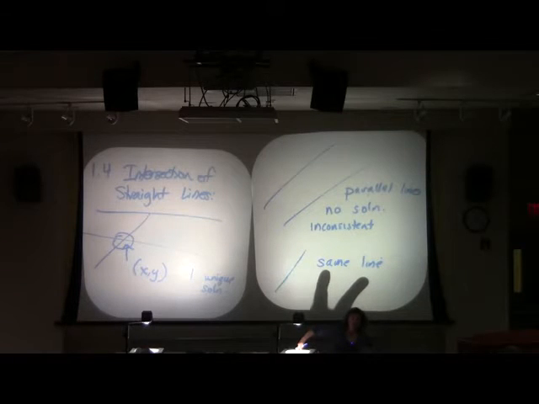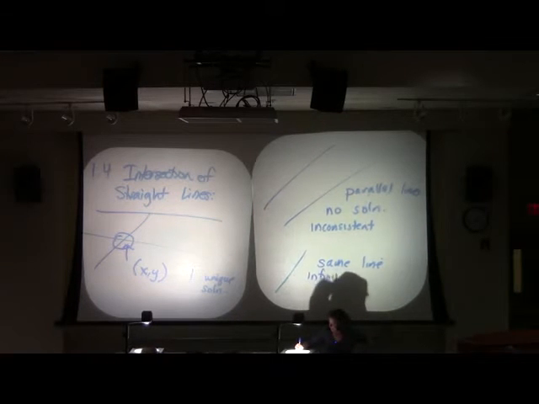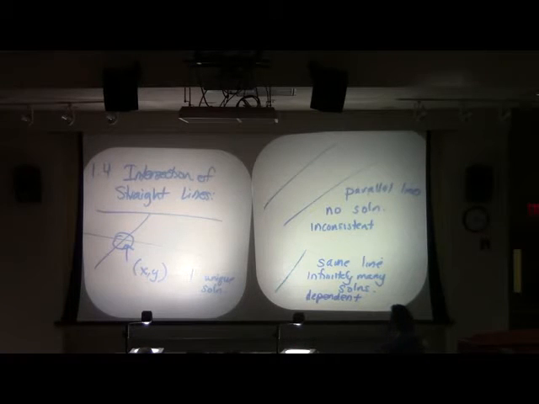Will you guys grant me that they intersect absolutely everywhere? Therefore, there's infinitely many solutions. Your book has a phrase that they call these dependent. All we are going to deal with today is finding where they cross.